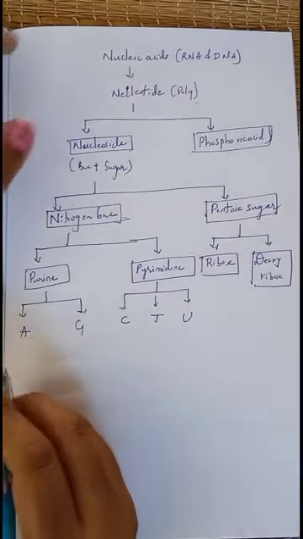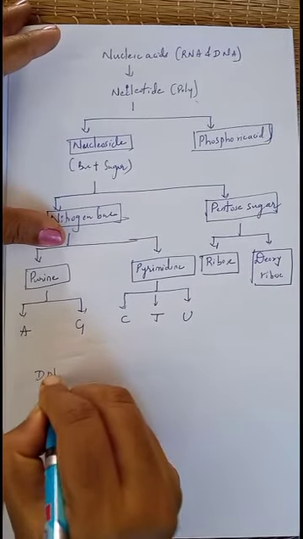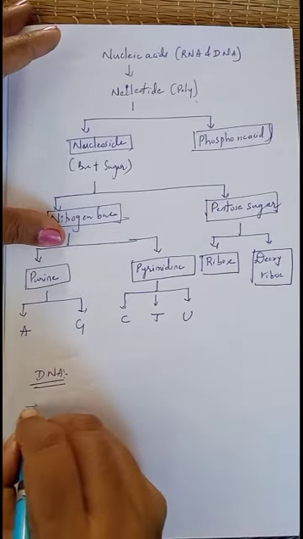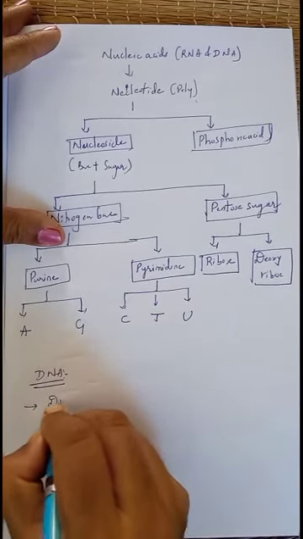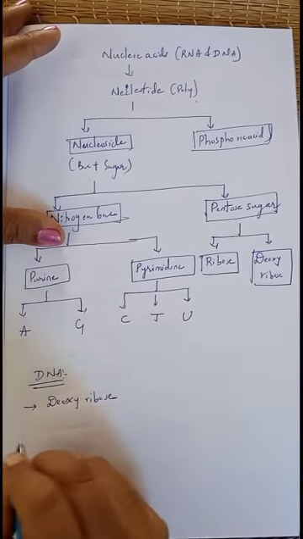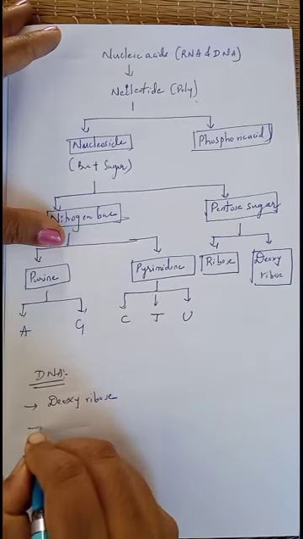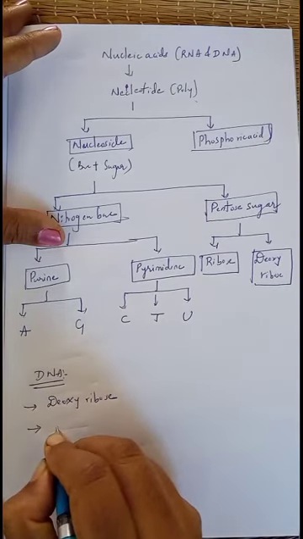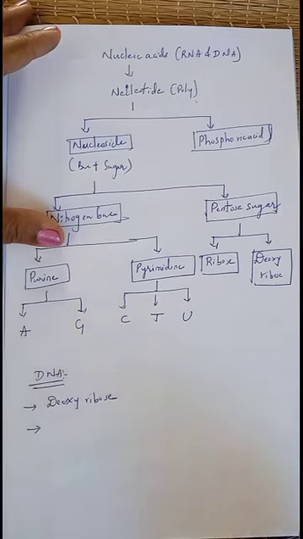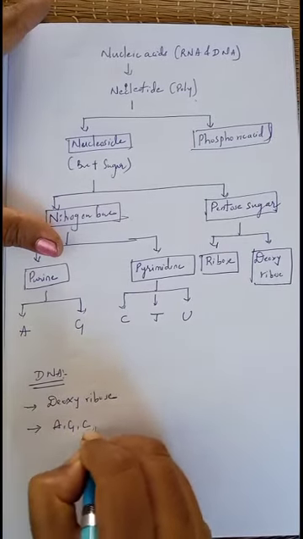Now we will see the main important constituents present in DNA. So DNA contains pentose sugar as deoxyribose. Then it contains the nitrogen bases adenine, guanine, cytosine and thymine.